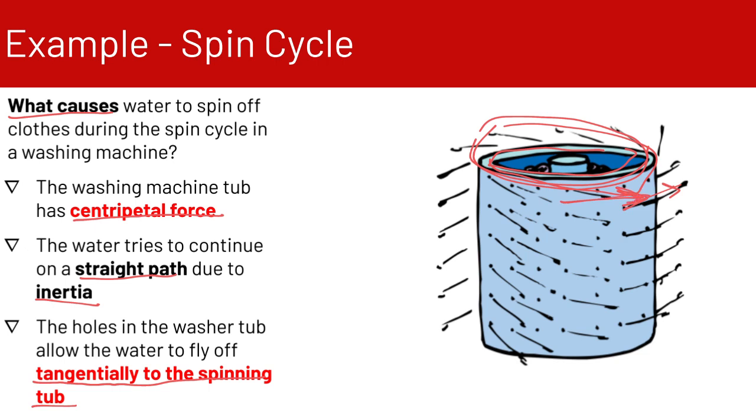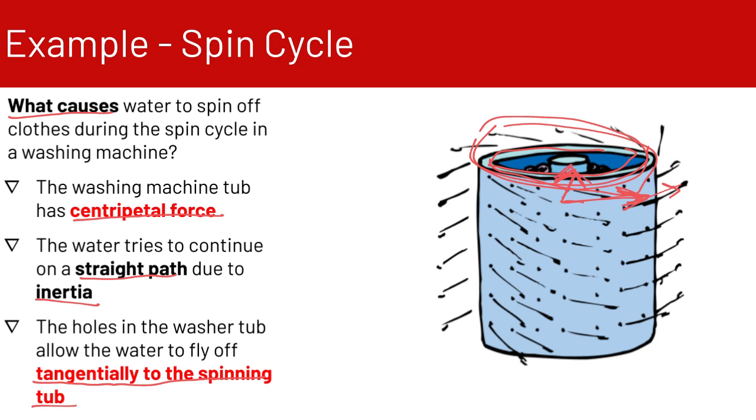But because the washing machine is holding them, they are feeling a centripetal force that's trying to move them into the center. Rather than being able to move off tangentially, they are being turned into the center by the tub of the washing machine.